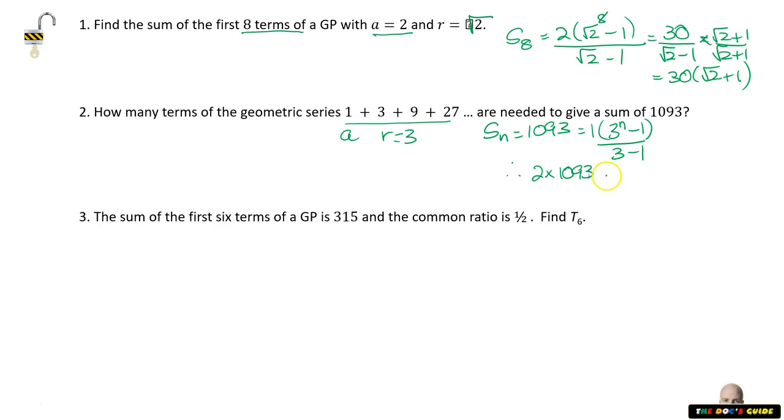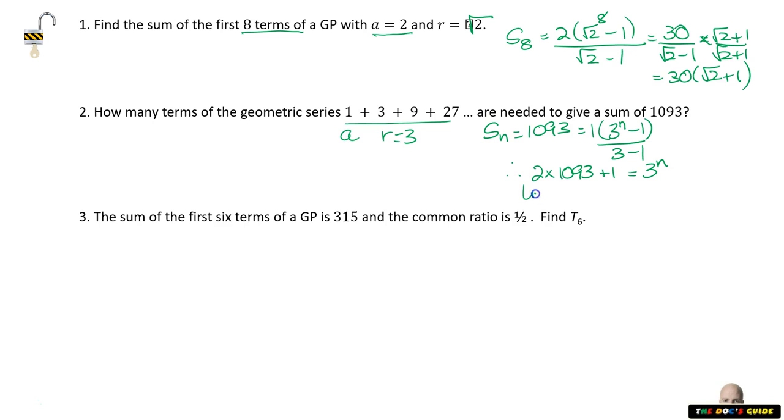is 3 to the n, add 1. So 2 times 1093 plus 1 is 3 to the n, and then we'll need to apply our log rules so that we can find that power of n, unless we know our powers of 3.